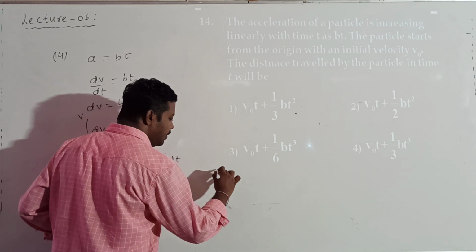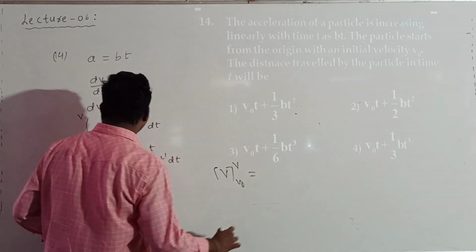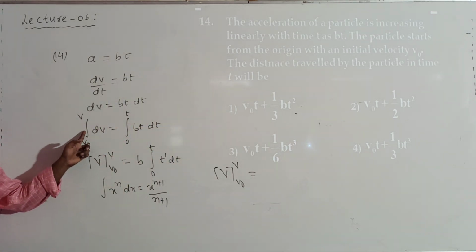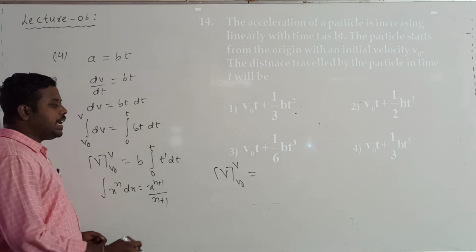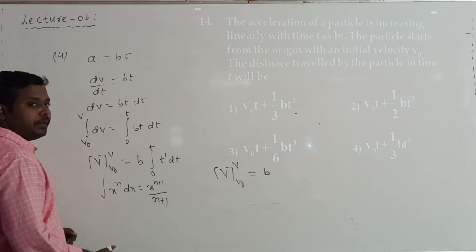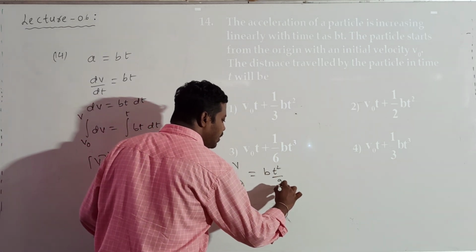So here v, with limits given by v0 to v. You know that integration of dv is equal to v. Derivative and integration are reciprocal, so both will cancel. Then v0 to v is equal to, here what will I get? b into, can I apply the formula? So t power 1 plus 1 by 1 plus 1. So what will I get? b into t square divided by 2. What are the limits?